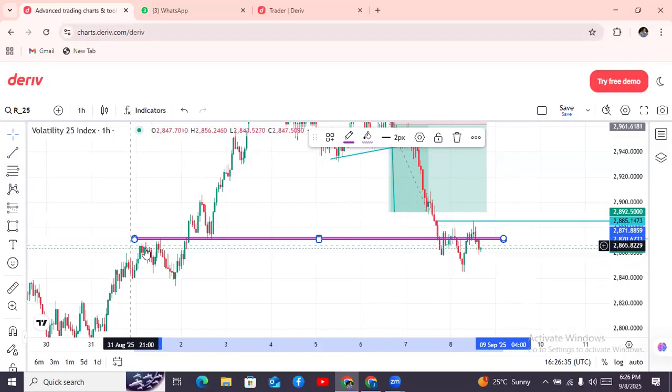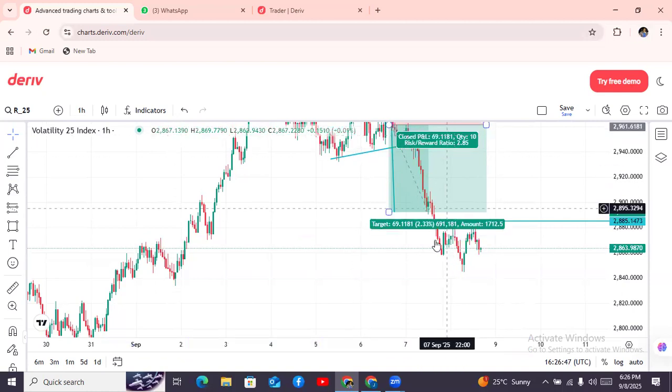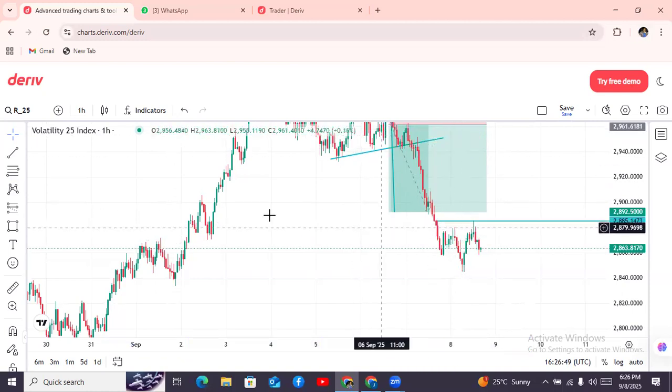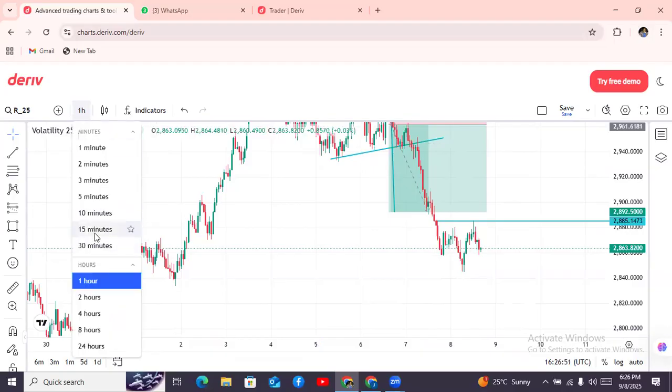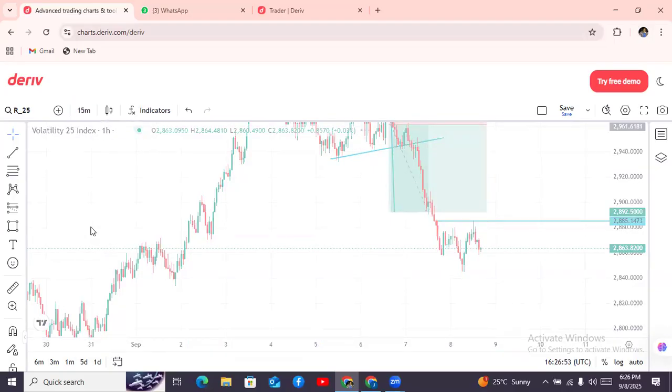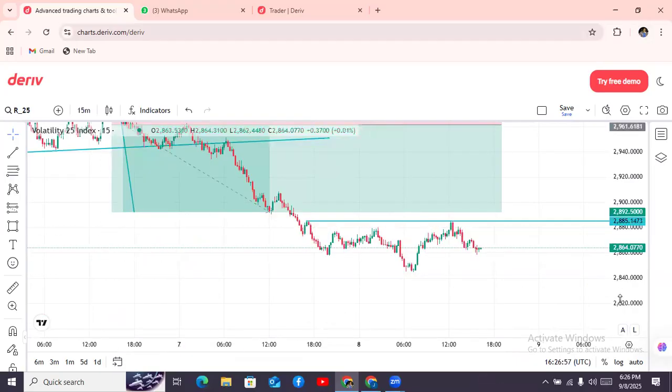Okay, we know that a level that serves as a support and also serves as a resistance is a very, very strong level. So our entry, the one we got this morning, we got it on a 15-minute time frame.